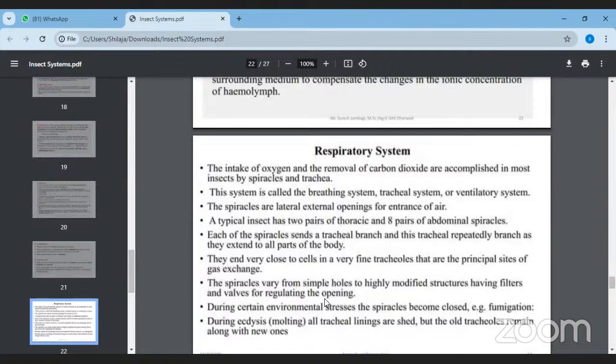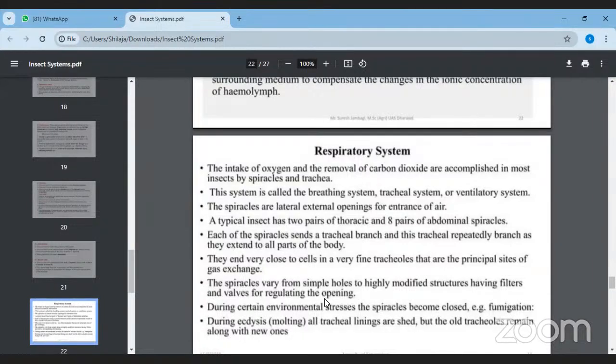These tubes communicate with the outside through the spiracles, and the intima is thrown into a series of usually spiral folds around the lumen of the tracheae, called taenidia. This provides strength to the trachea.